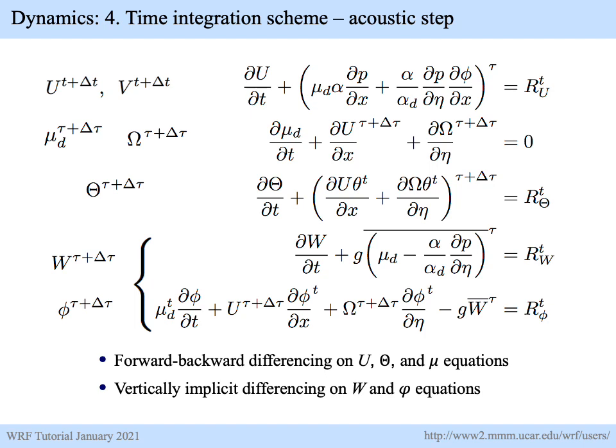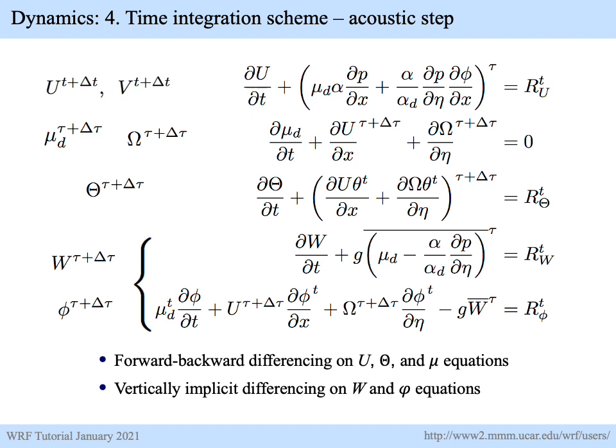We treat the vertical velocity and the geopotential differently. And the reason that we have a different approach here is that the vertically propagating acoustic modes also travel very quickly, at 300 to 350 meters per second. The vertical grid is much finer typically than the horizontal grid. For example, you may be using a horizontal grid of a few kilometers or tens of kilometers or 100 kilometers.